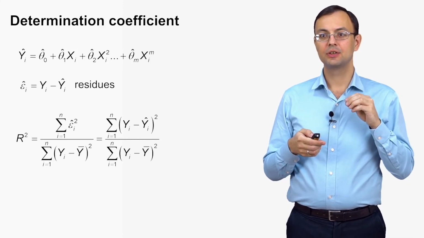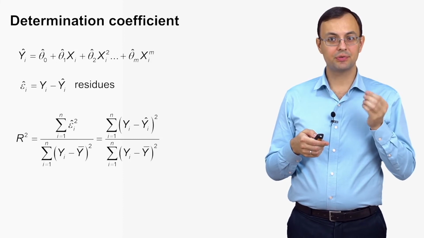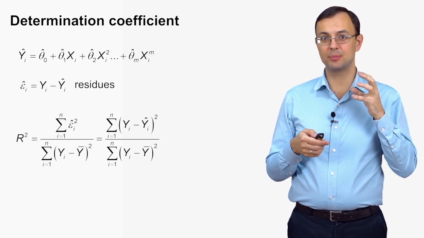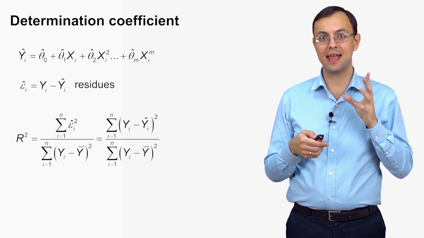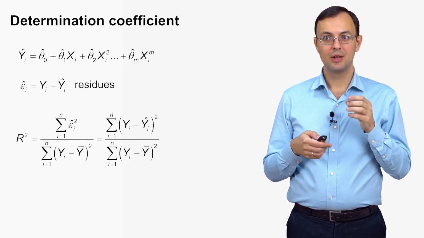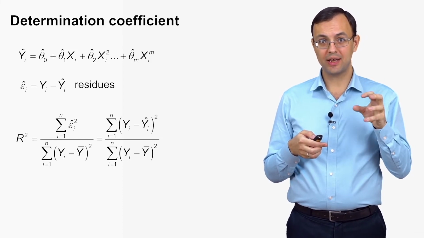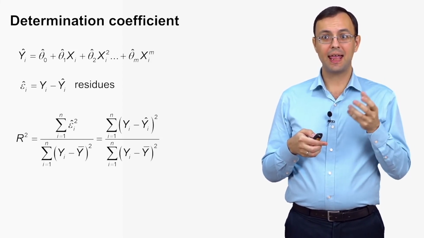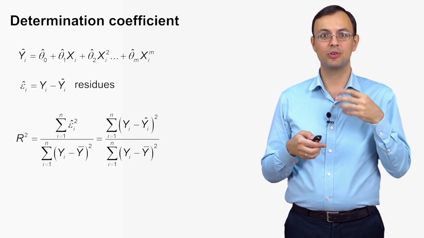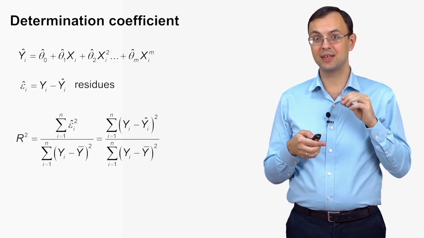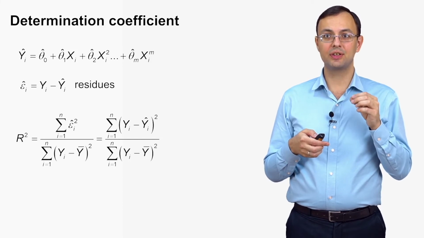And then you can calculate the residues, so differences between what you observed and what your model predicts. So epsilon i hat is called the residue, and this is the difference between yi, what you have just observed, and yi hat, what your model predicts, so what your model thinks the y should be in this case.